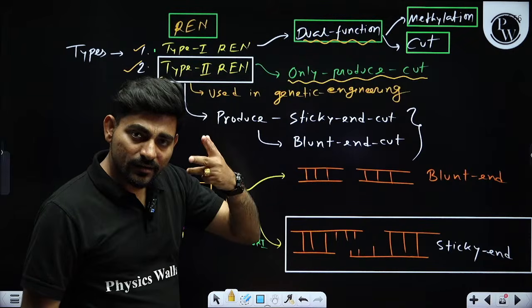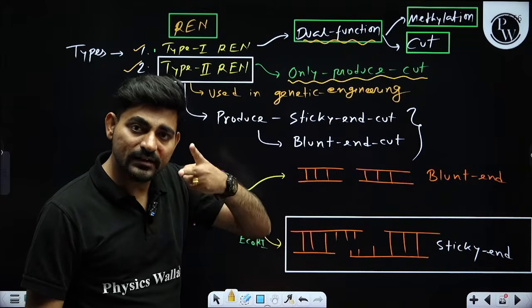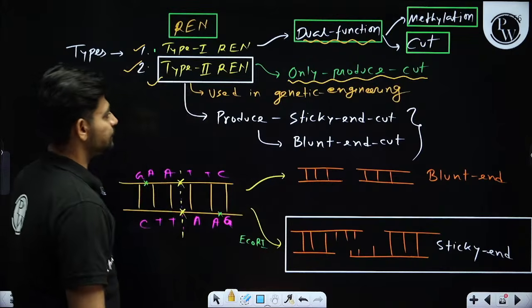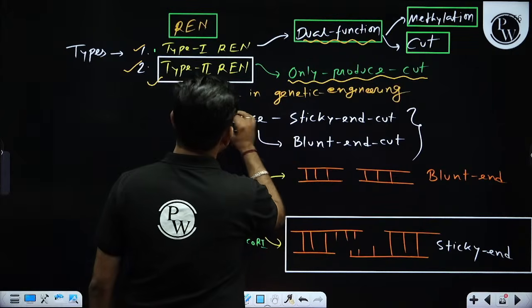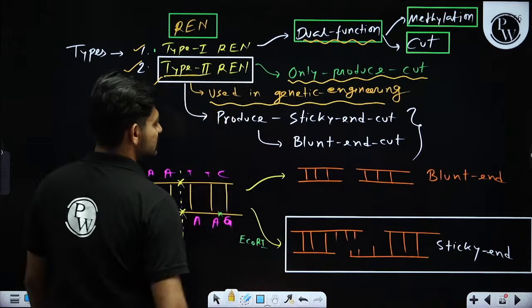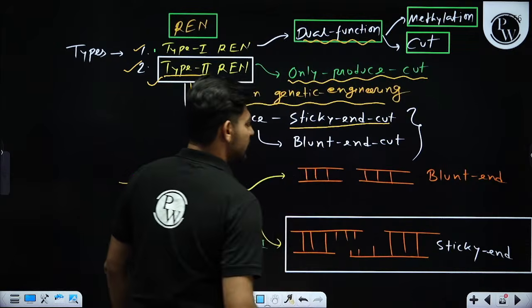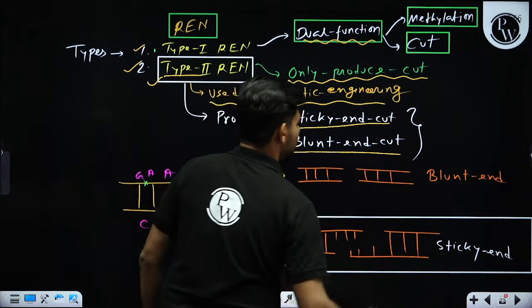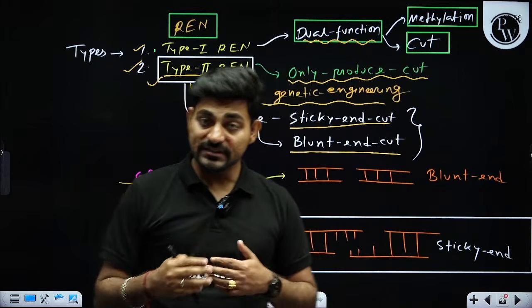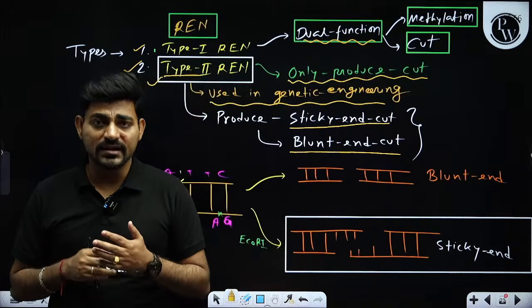Their whole and sole purpose is to provide a cut at a specific sequence of DNA. That's why type 2 restriction enzymes are used in genetic engineering, and they can produce either a sticky end cut or sometimes a blunt end cut. A few restriction enzymes produce sticky end cuts and a few produce blunt end cuts.